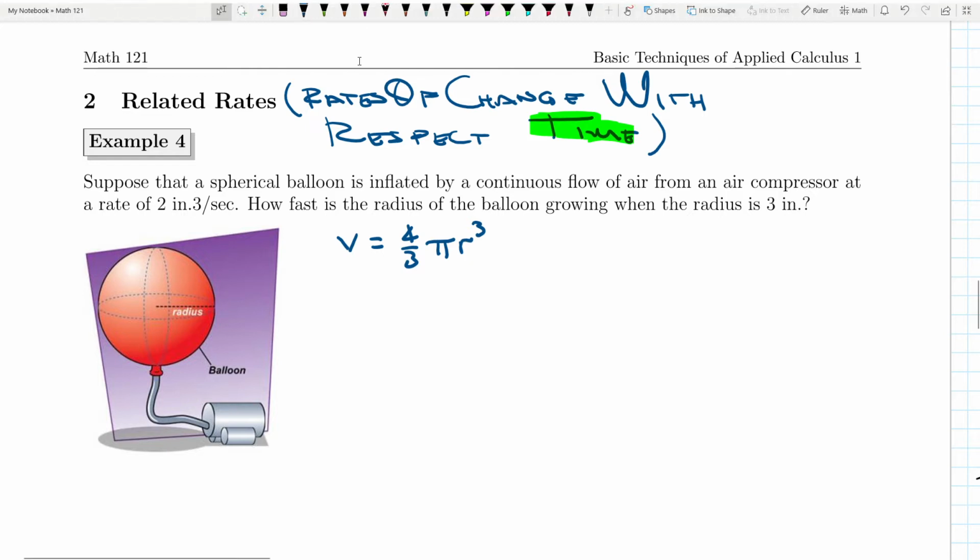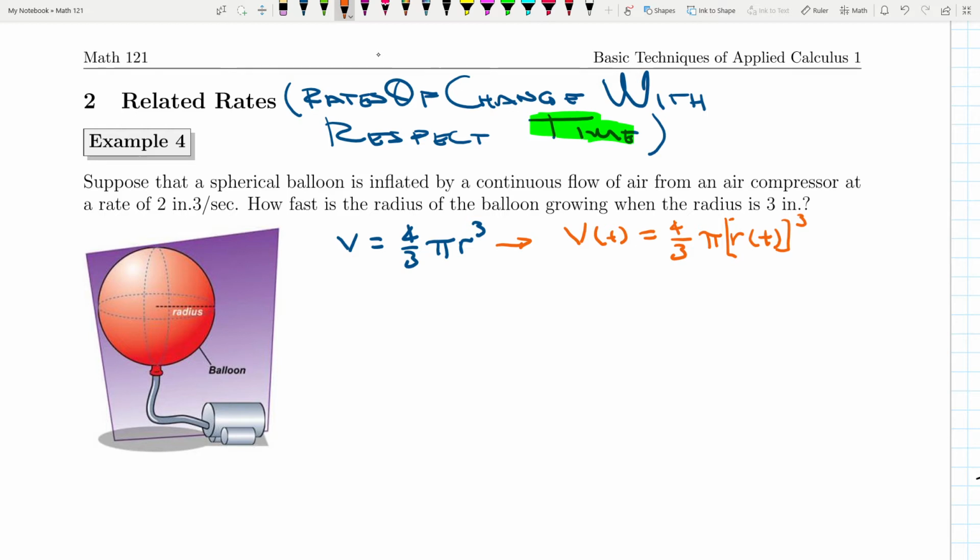So recall that of these variables, the volume changes with respect to time, pi is a constant, and the radius also changes with respect to time. I just wanted to write this down so we don't forget that these two variables are changing with respect to time.